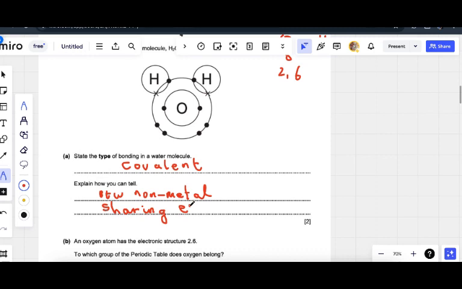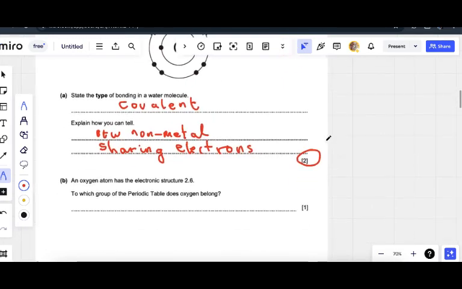You say they are sharing electrons, so that you can get your 2 marks. If you can give this, you get these 2 marks. Now we move to the next question.